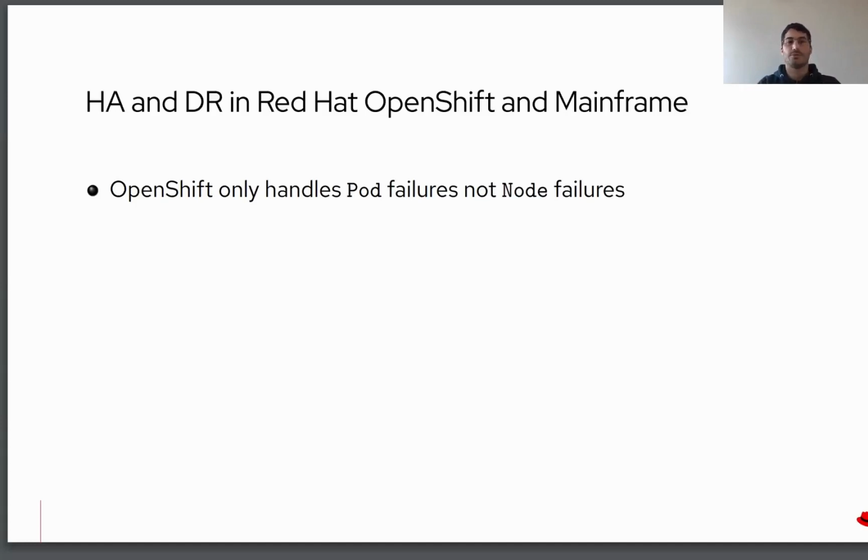The reason why we have 3 is that there is an election model within etcd, where basically, as long as 50% plus 1 of the replicas are running, everything works. If you go below 50% plus 1, it will go read-only and potentially crash completely at a certain point. So it's very important for Kubernetes itself or OpenShift to have those etcds properly running.